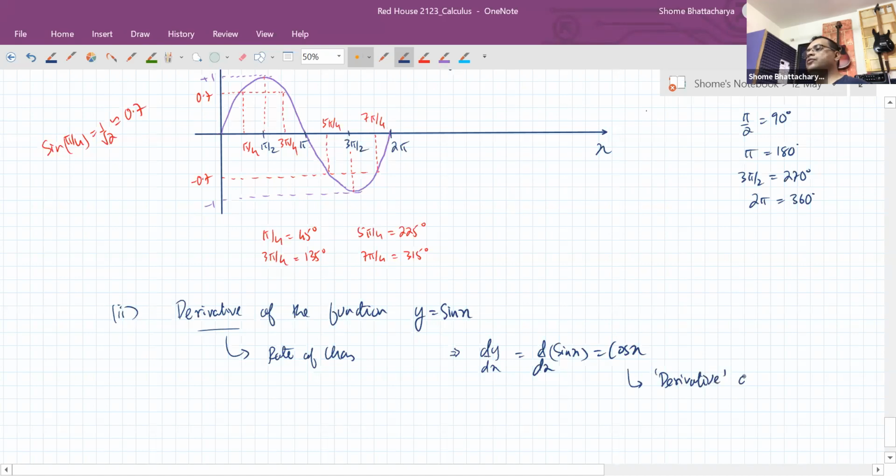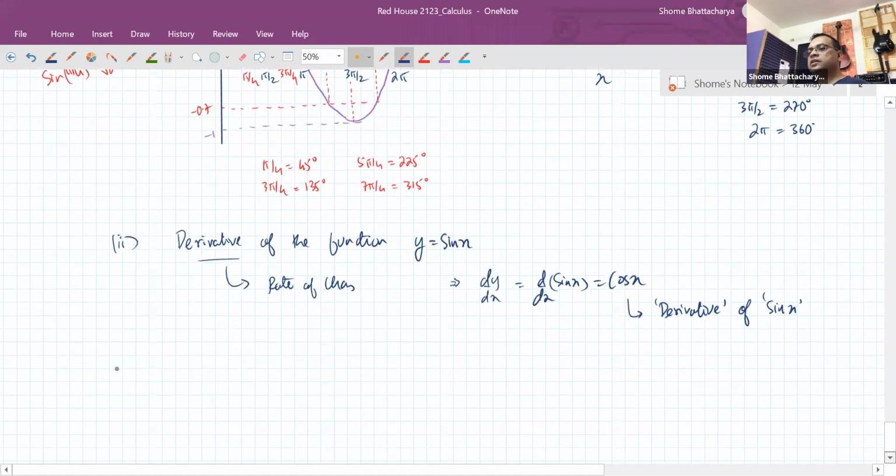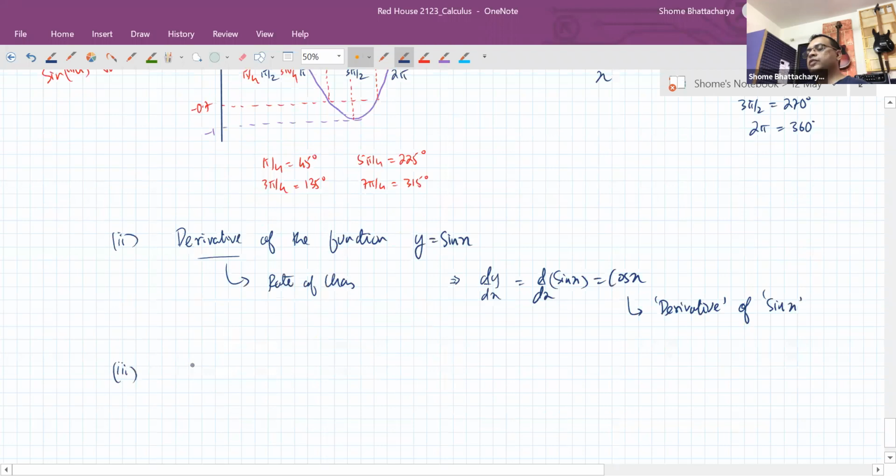The derivative of sin x. What the meaning of derivative is that at any point, the slope of the tangent equals the value of the derivative at that particular point.